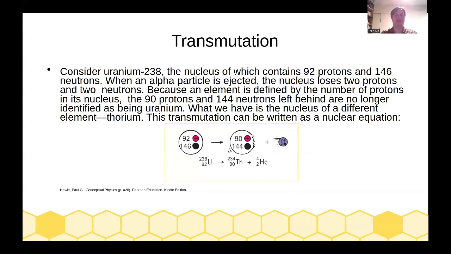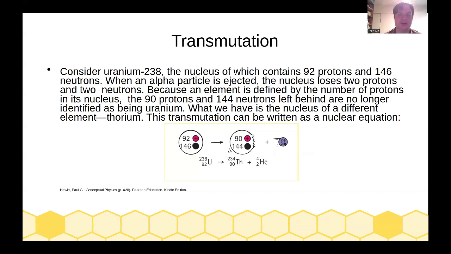An interesting thing about this decay is it actually changes the element that the atom or nucleus is. So consider uranium-238, the nucleus of which contains 92 protons and 146 neutrons. When an alpha particle is ejected, the nucleus loses two protons and two neutrons.